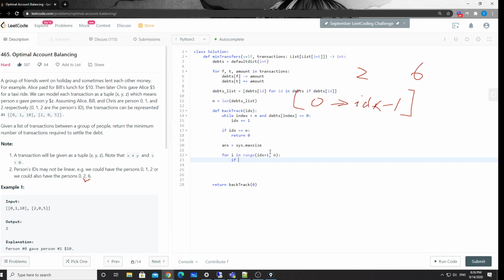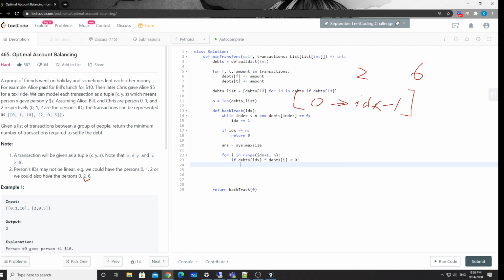We just need to find a debt with the opposite sign. So if the debts of the index times the debts of I is smaller than 0, then we have found another debt to settle.